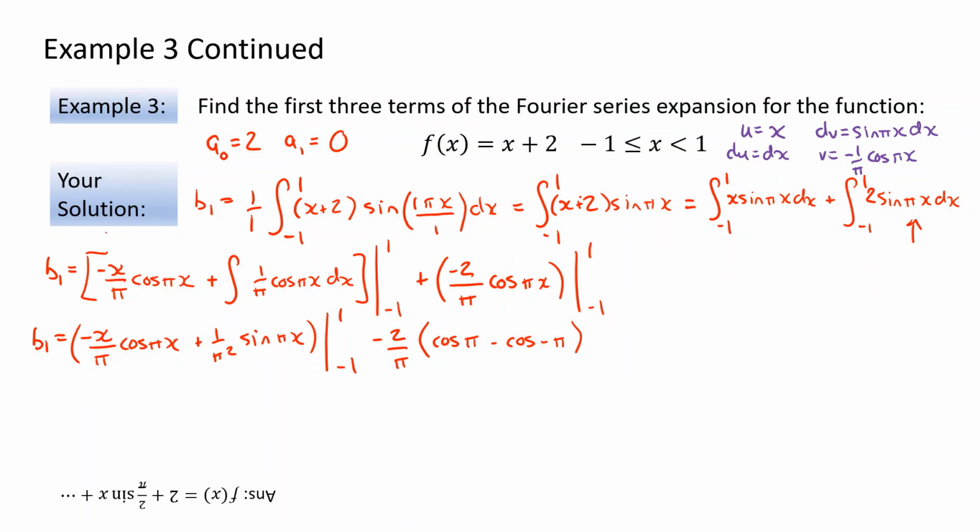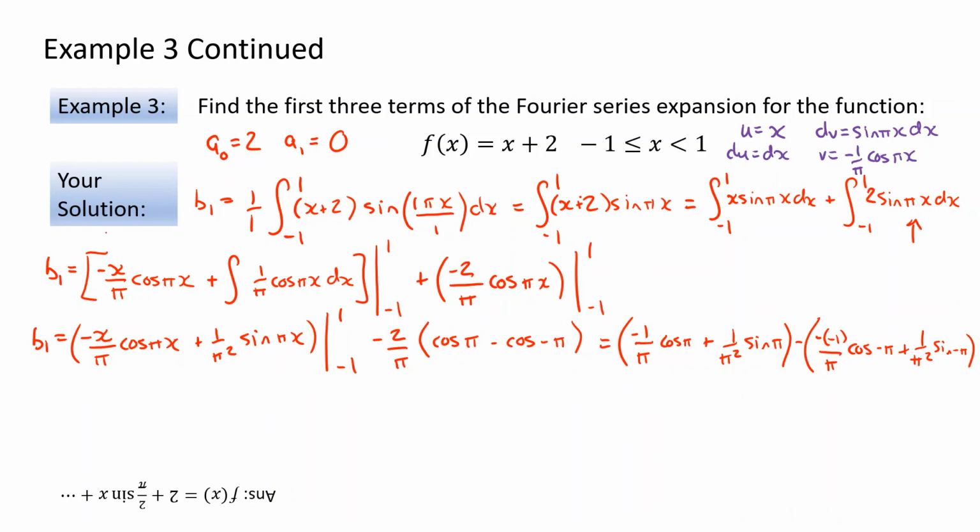So simplifying this, our first term, we get negative 1 over pi cosine of pi plus 1 over pi squared sine of pi, minus negative 1 over pi, just substituting in our boundaries, cosine of negative pi plus 1 over pi squared sine of negative pi.